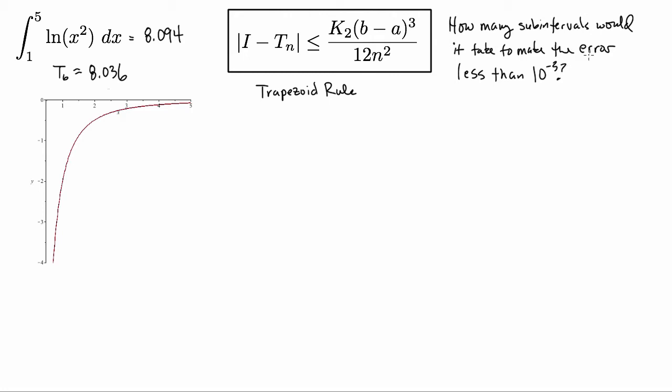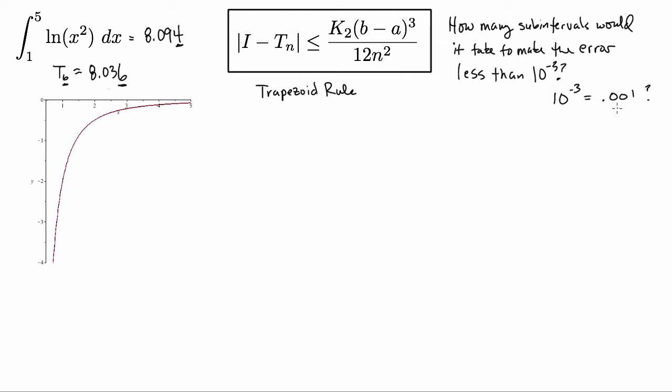And so understanding the question here, what I'm essentially saying is how many subintervals would I have to use? I only used 6 here. To guarantee that I'm pretty close out to the third decimal place, within 0.001, so 10 to the negative third is within 1,000th.